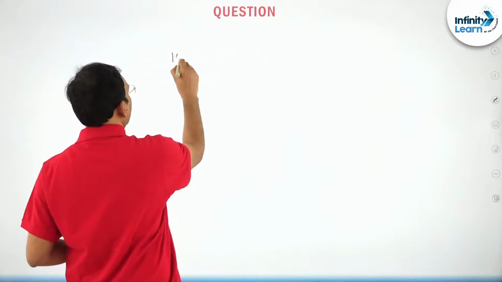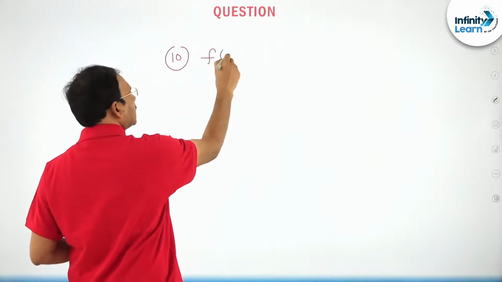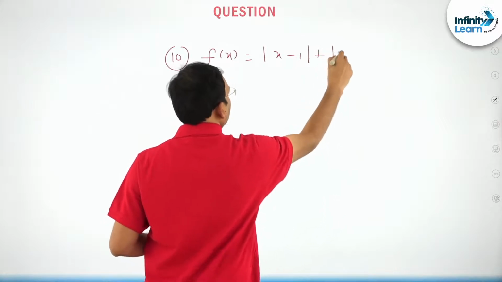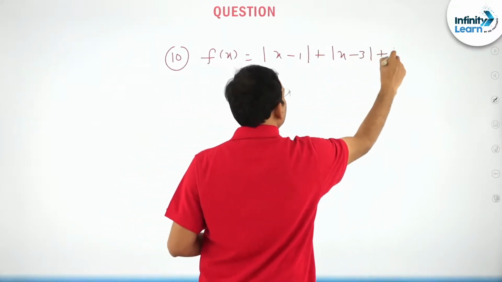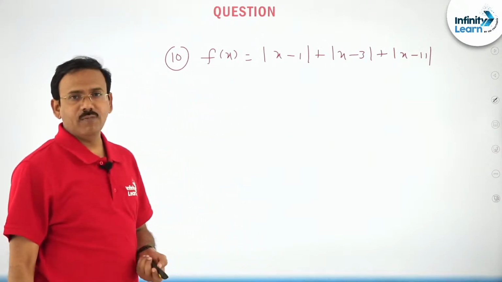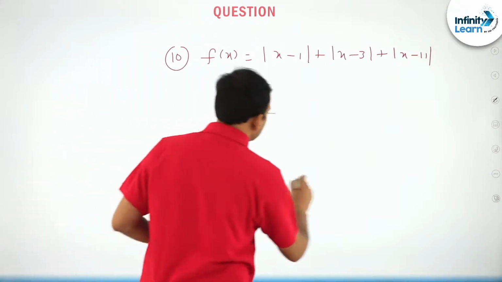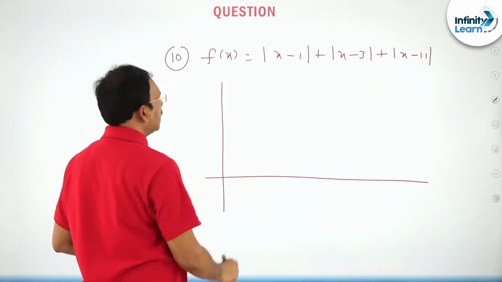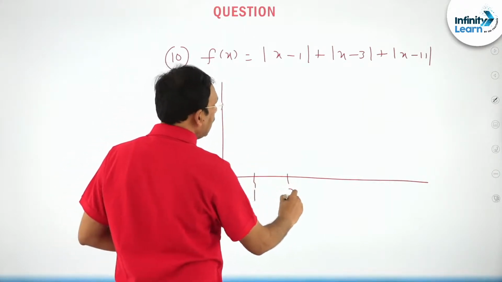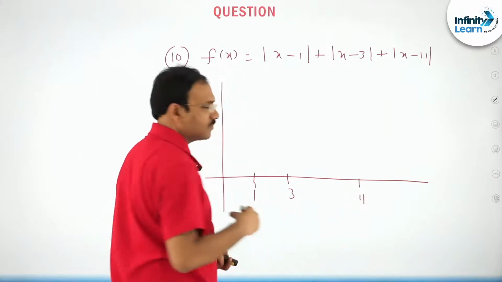Even the next one, if you are given f of x is mod x minus 1 plus mod x minus 3 plus mod x minus 11, suppose a sum of 3 simple moduli is given, you just observe that its graph is significant at 1, then 3, then 11.